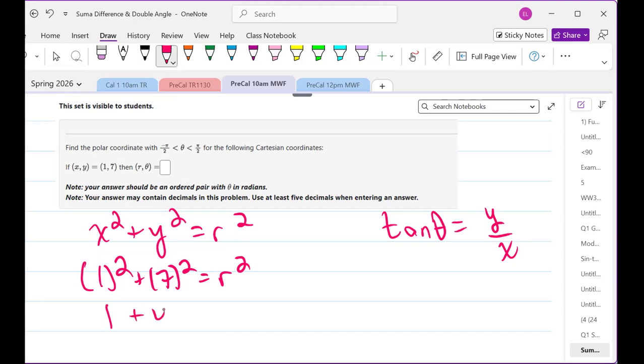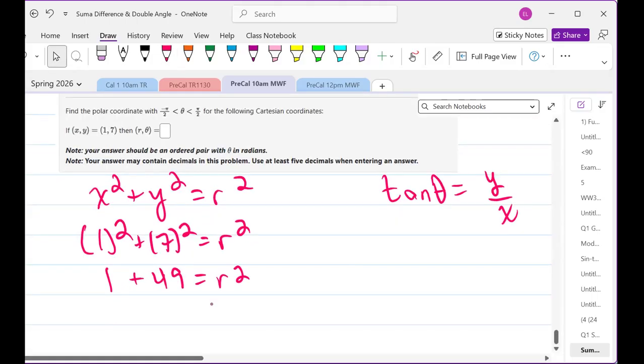So we have 1 plus 49, which means R squared is 50. And then we square root, and I'm going to leave it plus or minus for now.